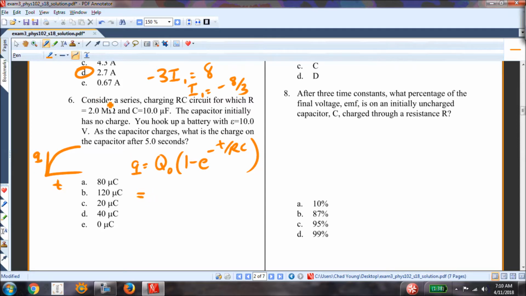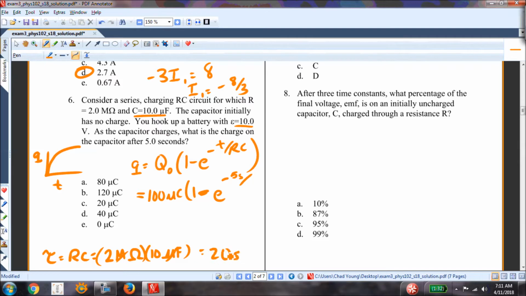Q naught is equal to C times V, so that is 100 microcoulombs times 1 minus e to the minus t, which is 5 seconds, over RC. And tau is equal to RC, which is going to be 2 megohms times 10 microfarads. Notice the mega and the micro, they both cancel out, so that's going to be 20 seconds.